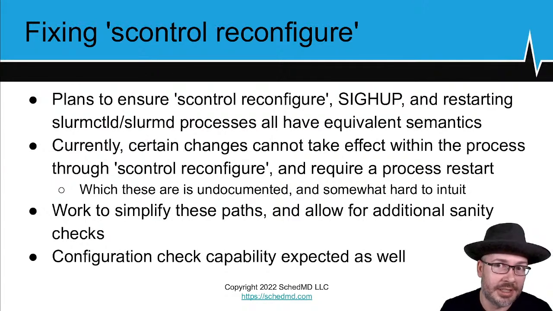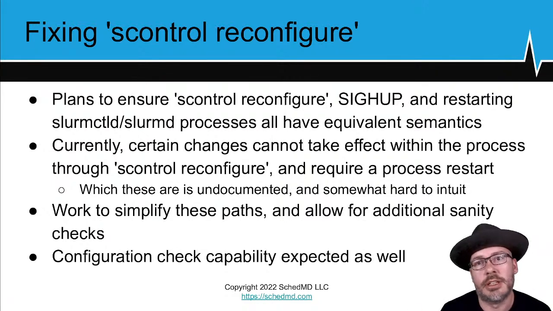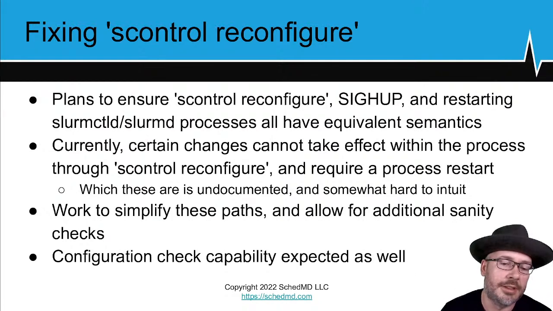And then nothing's responding to a successive scontrol reconfigure when you actually fix that. So we're hoping to address all of those common caveats, common gotchas, and move past this to letting scontrol reconfigure actually do what people expect it to.